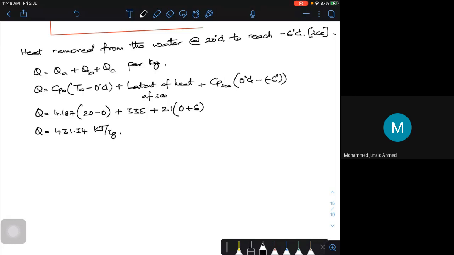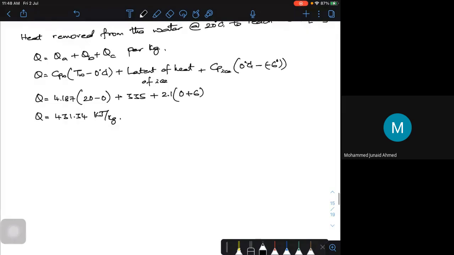Now what is the refrigeration capacity? Total heat removed. The refrigeration capacity, also called RC, is equal to the mass of refrigerant per second multiplied by the heat removed from the water.